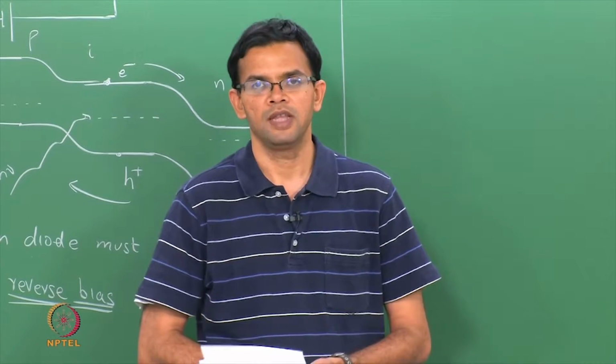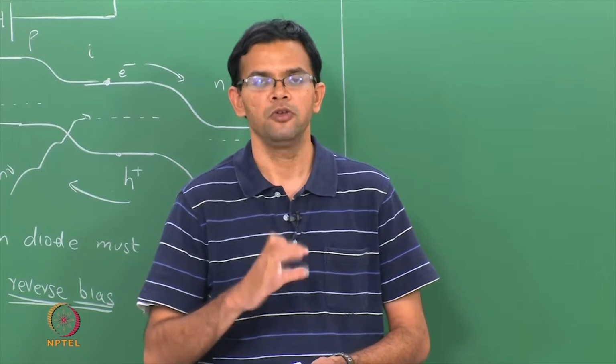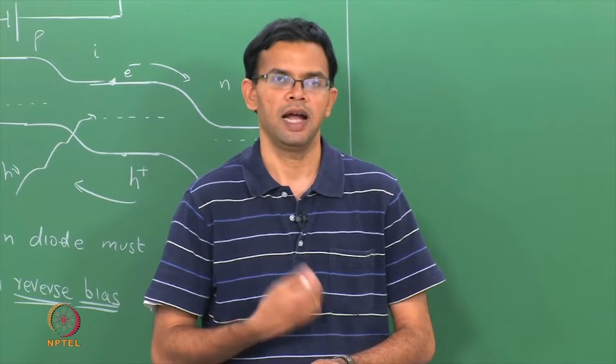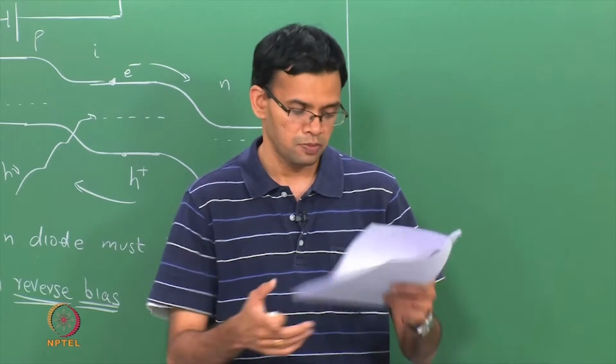The wavelength of the light depends upon the band gap of the material. So, by tuning the band gap of the material by adding different dopants, we can essentially tune the light output.